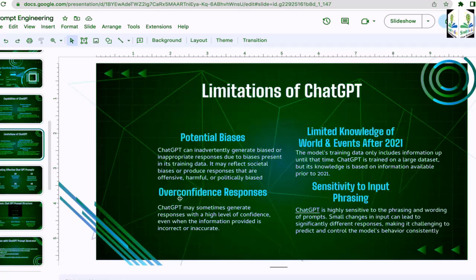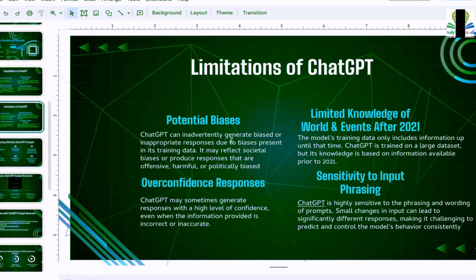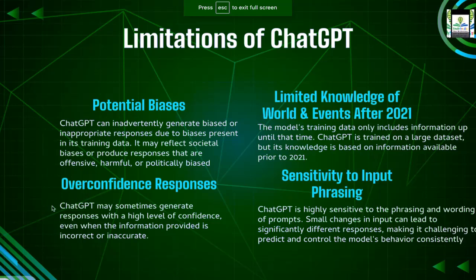All right, let's talk about the next one here, overconfident responses. Let's do the slideshow. ChatGPT may sometimes generate responses with a high level of confidence, even when the information provided is incorrect or inaccurate. Sometimes this can be quite challenging, especially for people who rely completely on ChatGPT as their main source of information. I don't think it's a very wise thing to do.